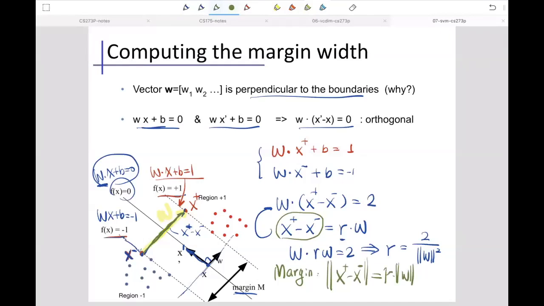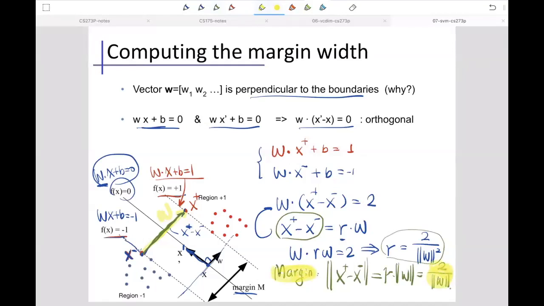Now you can see r equal to 2 divided by the norm squared, times w, and then you conclude that the margin is going to be equal to 2 divided by the norm of w. So that's the key thing we want to talk about. The margin is equal to this quantity. That's the math we're going to talk about so far.